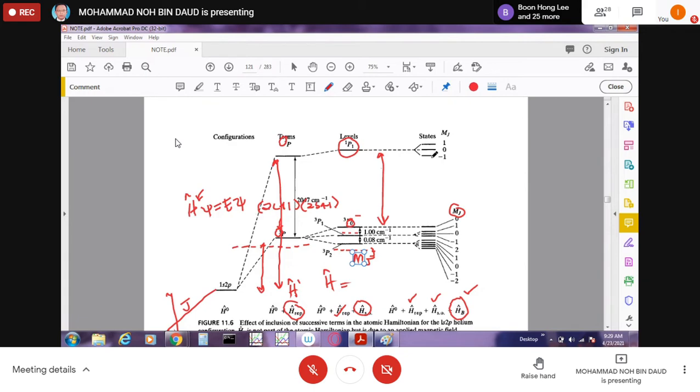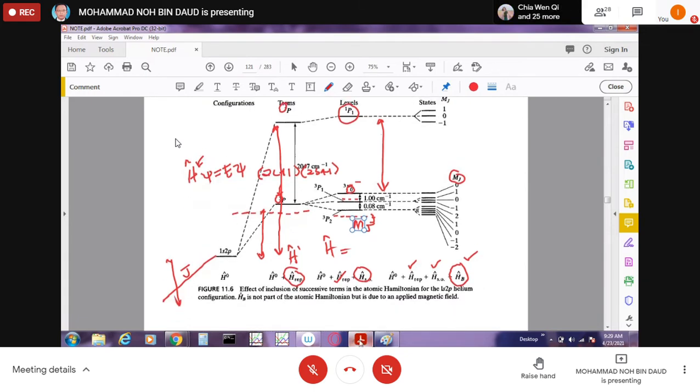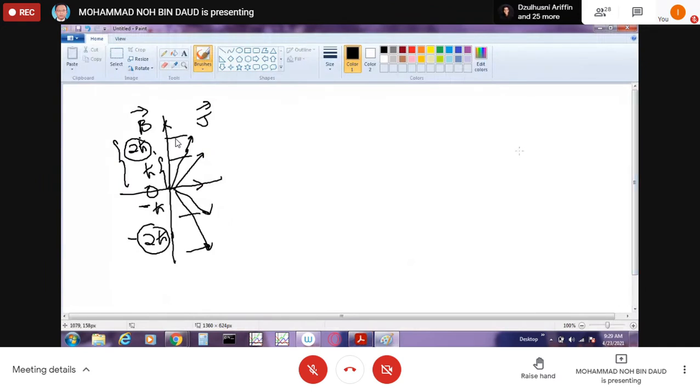Now we want to determine the quantum numbers so that we can write the atomic term symbols.